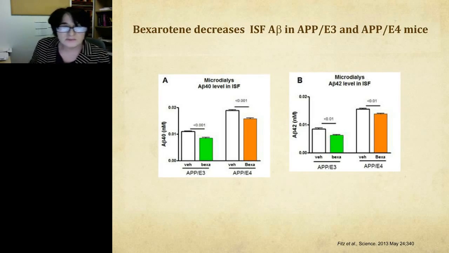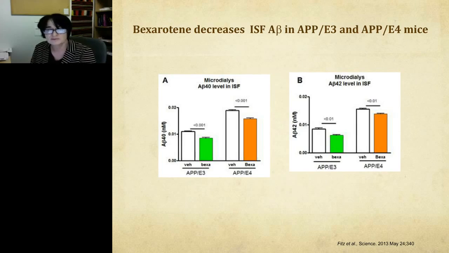Our next experiment was to examine how A-beta in interstitial fluid is affected by bexarotene treatment. So on A is shown microdialysis. It's A-beta collected by microdialysis and ELISA for A-beta 40. You can see that treatment significantly decreased A-beta 40 in APOE3 mice and APOE4 mice.